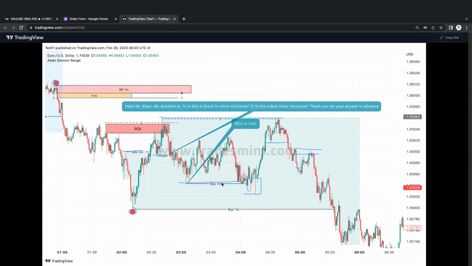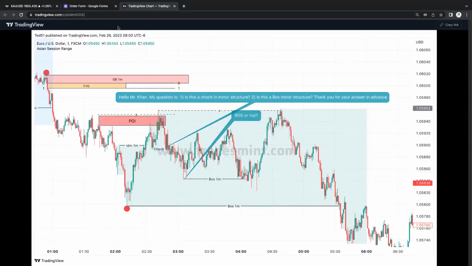Because there is no guarantee. This is an internal structure like CHoCH. This is an internal structure because the unmitigated POI is here also, which is on the extreme point. If this price mitigated on your extreme, you can consider this as a BOS, right?